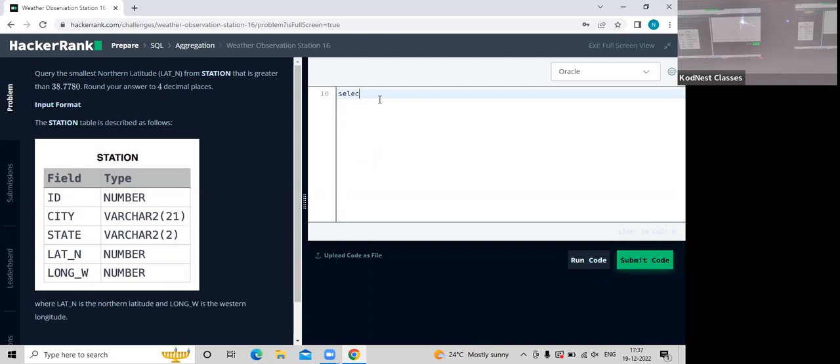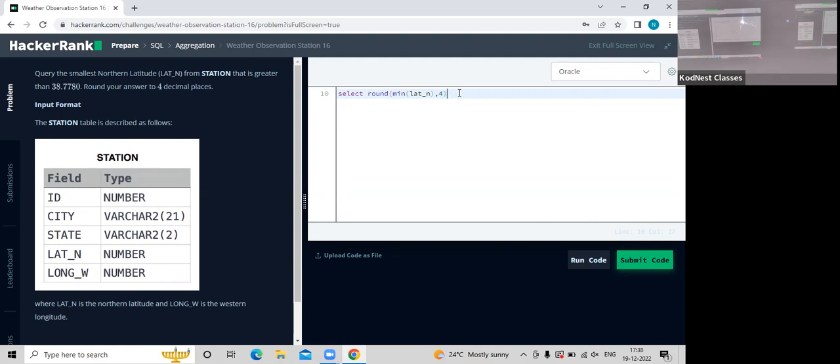Select. After select, how can I get the smallest northern latitude? Okay, min of LAT underscore N. This should be rounded off to 4 decimals. So, round function, this to be rounded off up to 4 decimals.